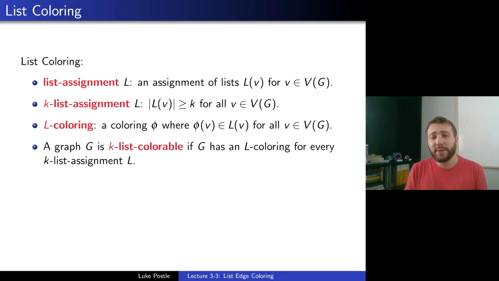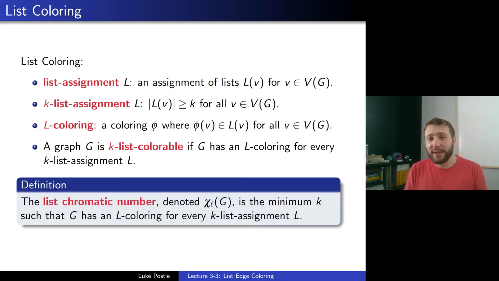And to that end, we say a graph G is k-list colorable if G has an L-coloring for every k-list assignment L. So here, no matter what lists we have, as long as they all have size at least k, we have an L-coloring, a coloring from those lists. That's more general than being k-colorable, where all the lists are the same.